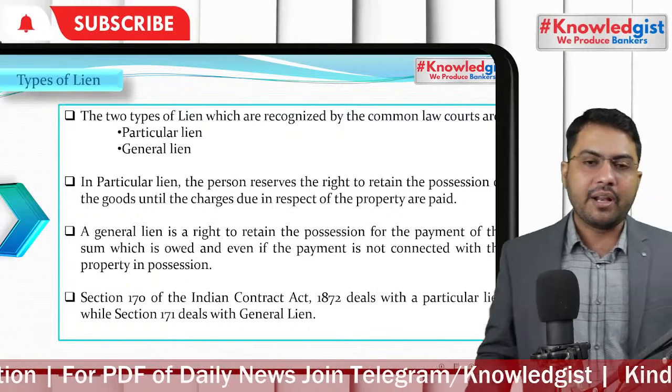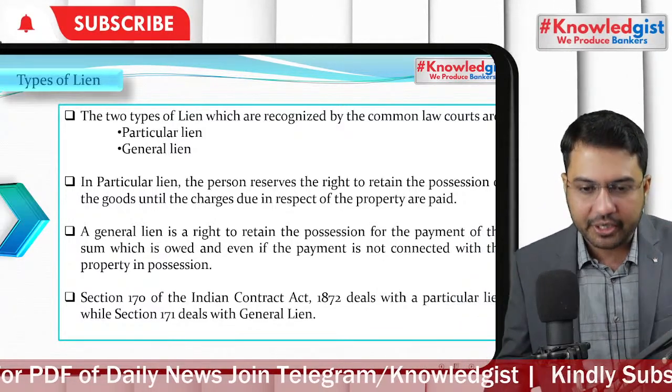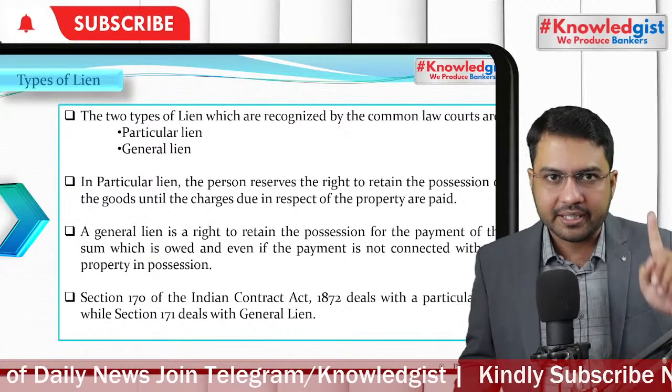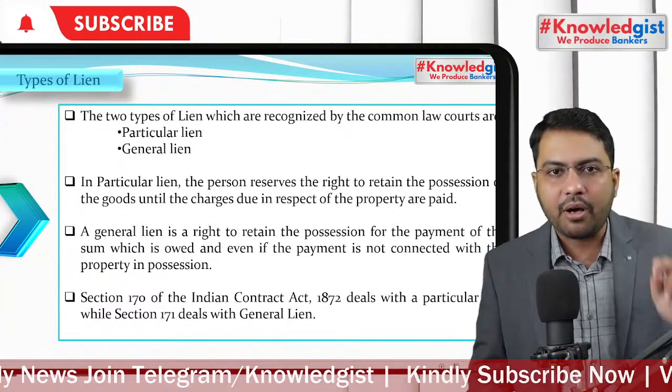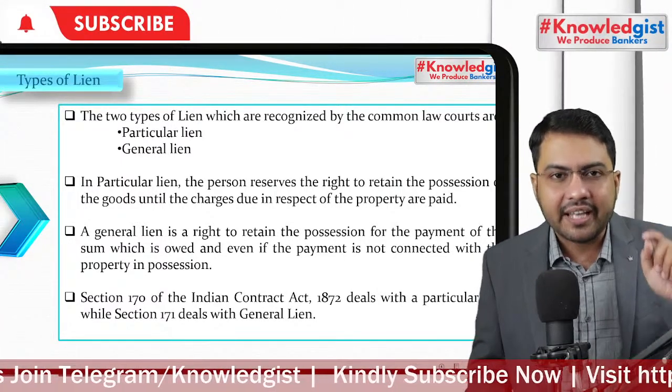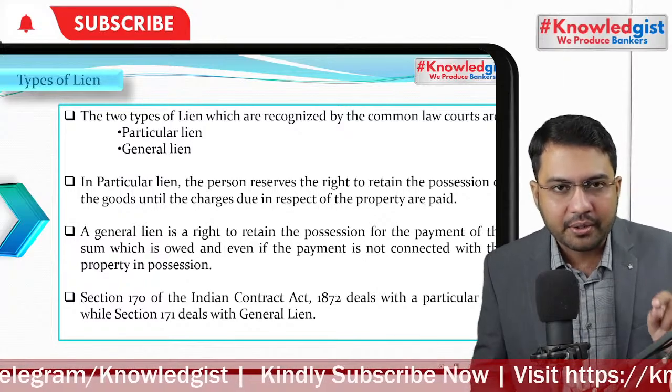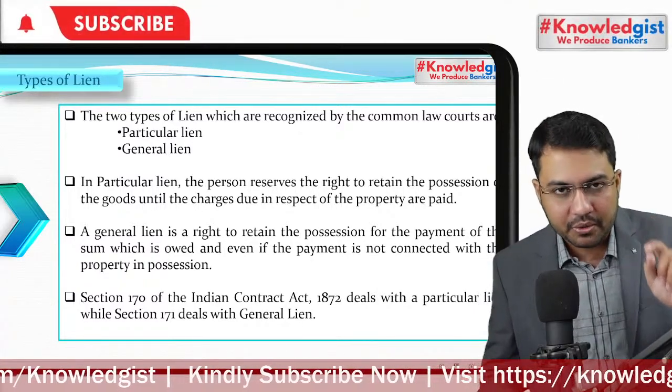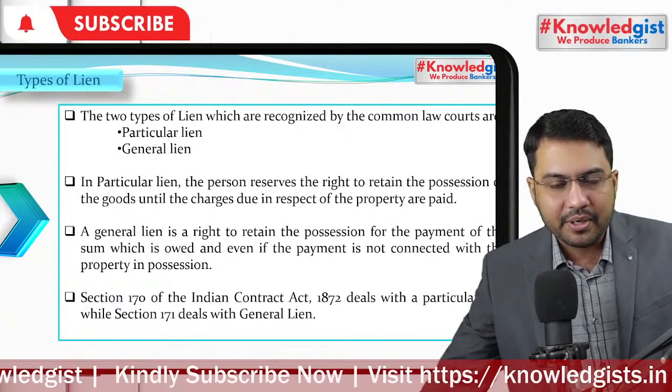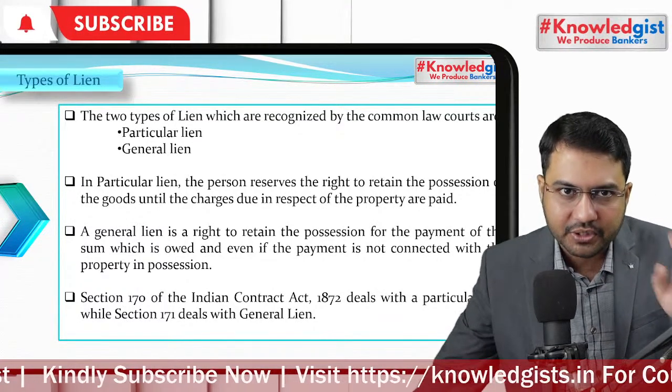Clear? Particular lien, if it is for a particular event, if the customer has given the fixed deposit receipt to you for loan number 123, then the amount due in loan 123 can only be marked lien to that fixed deposit receipt.